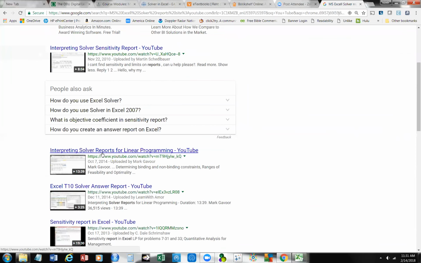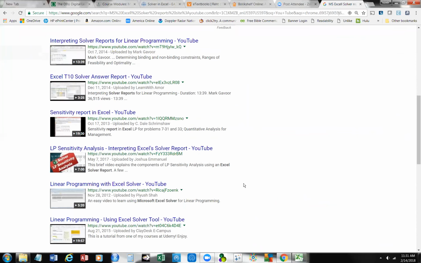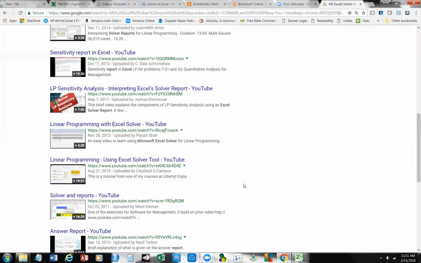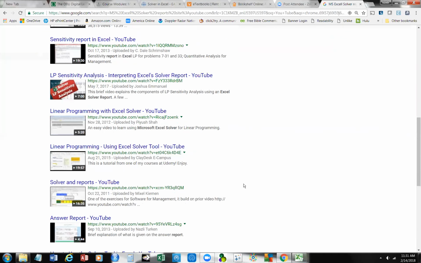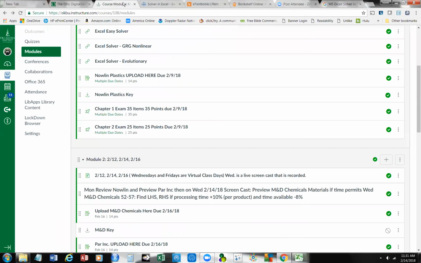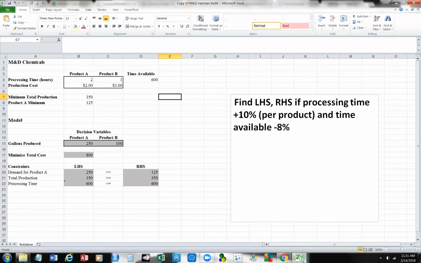And then the Solver reports, interpreting. They give you nice little examples, 14, 15 minutes, and I would certainly encourage you to take a look at those, the Solver and the reports. Again, those are going to be as good or better than what I'm going to be able to tell you or what you'll see in the textbook. So I would really encourage you to make use of those resources.